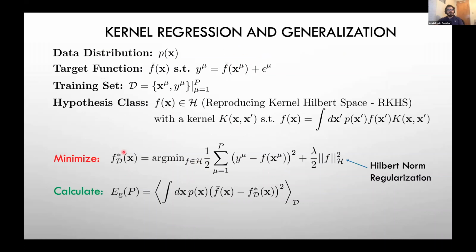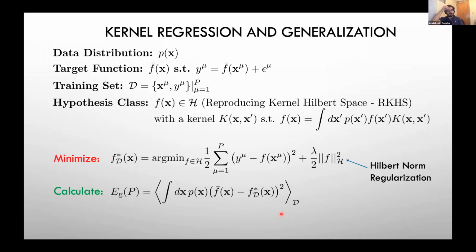But notice that this function is going to depend on whichever data set I choose. So what I want to do eventually is calculate the generalization error, which is basically the mean square loss between the target function and the function I learned, and average this over all data set distributions.